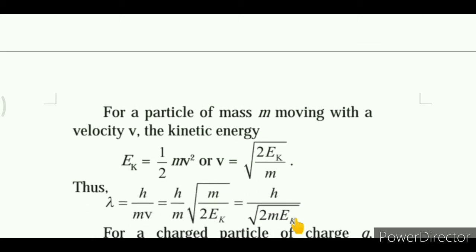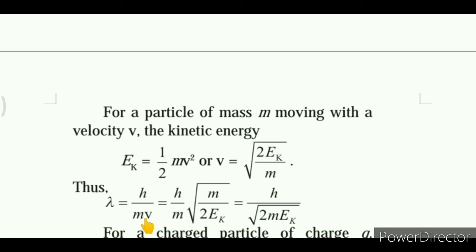Thus, by using the de Broglie relation, lambda equals h upon mv, we can determine the wavelength of the moving particle of mass m moving with velocity v.